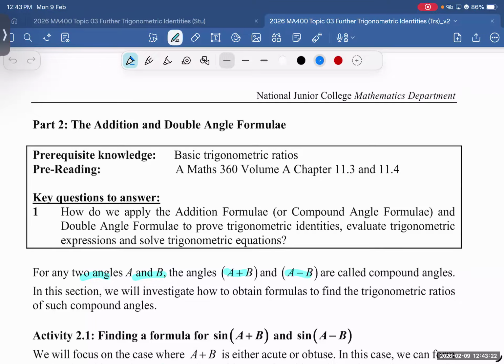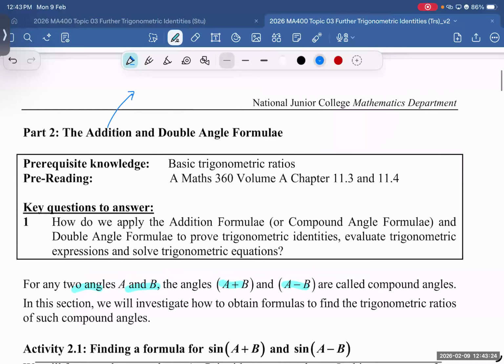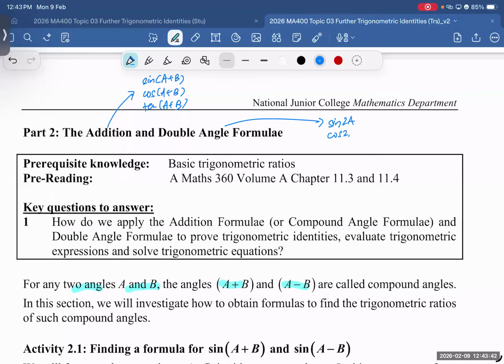So the friends you are meeting are sine A plus B, cosine A plus B, tangent A plus B. And the word double means what? Times 2, right? So what angles are we investigating? Sine 2A, cos 2A, tangent 2A. These are the friends that you're going to meet.